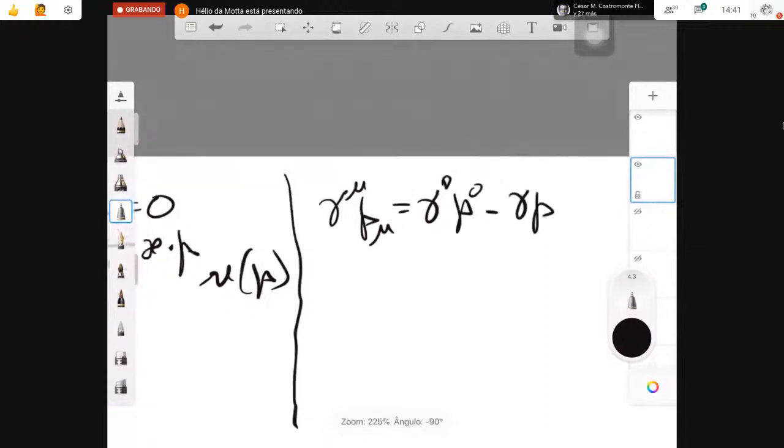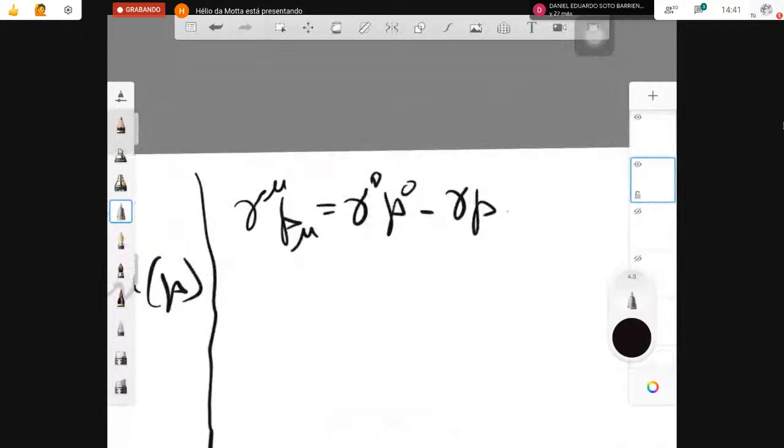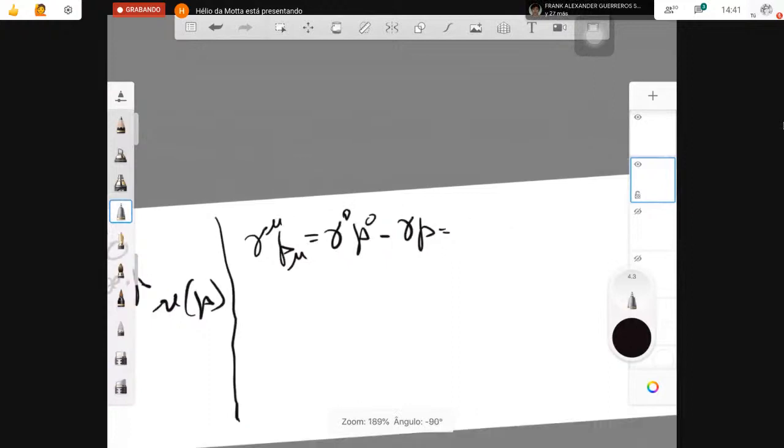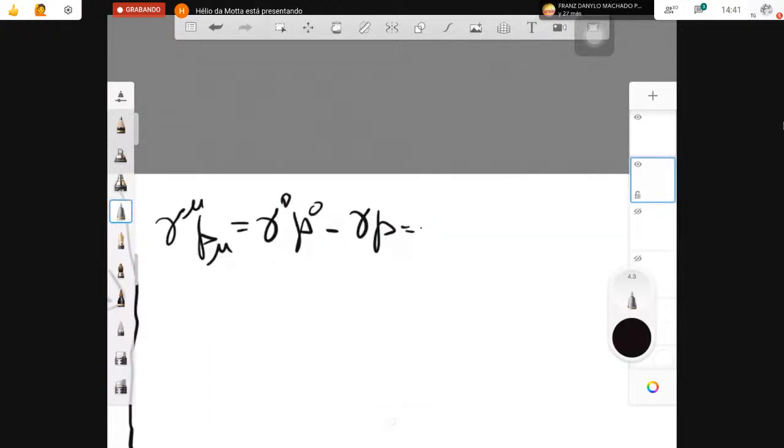Remember, I showed yesterday what those gamma functions would be. Those gamma matrices are matrices after all. So this would be, if I replace in the other equation, E over c, that's what we call P0, the zero component there. 1, 0, 0, minus 1.